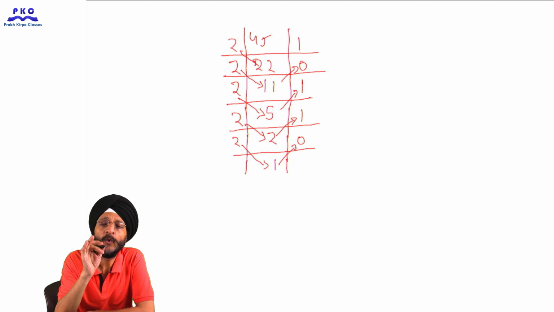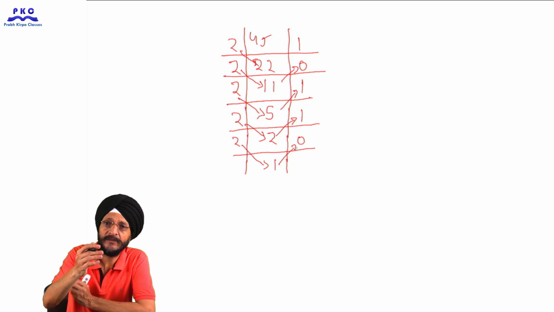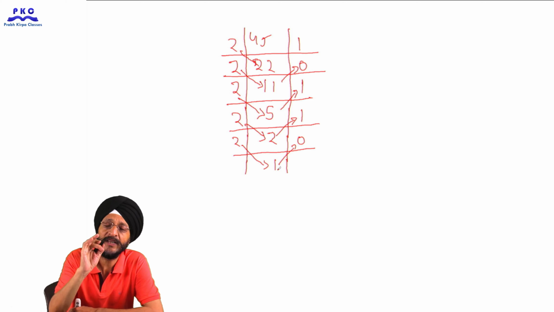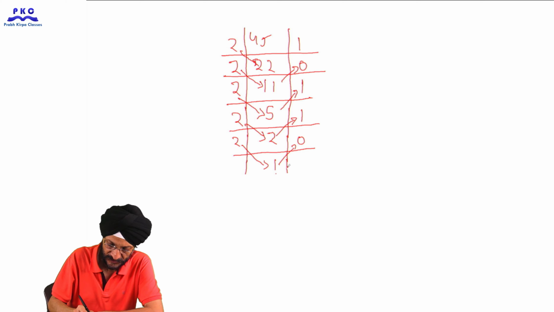So we will go on doing this exercise until we get 0 or 1 at the last. Here we have got 1 at the last. Now we will start from this point: 1, 0, 1, 1, 0, 1.